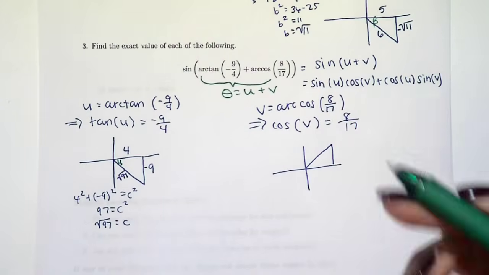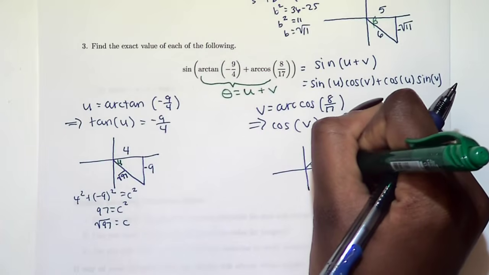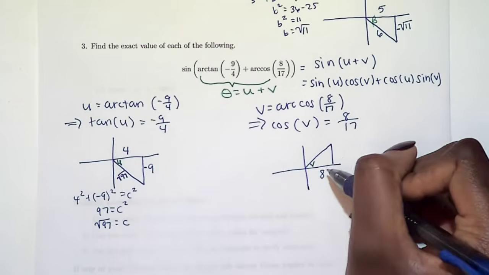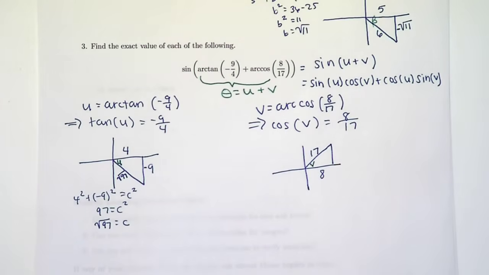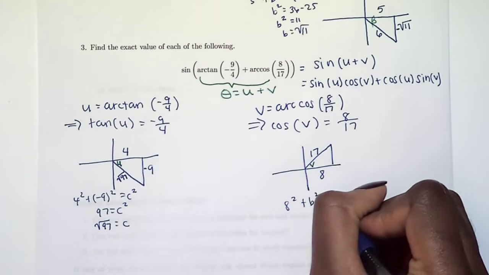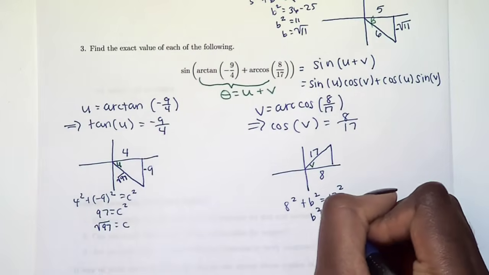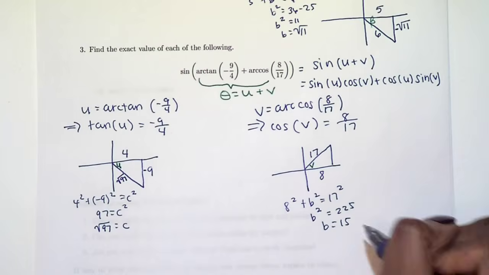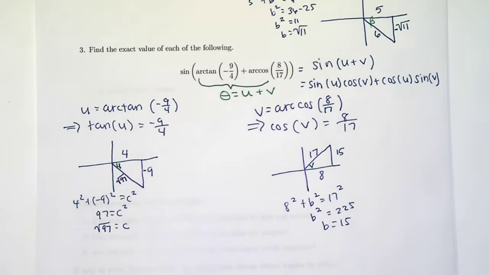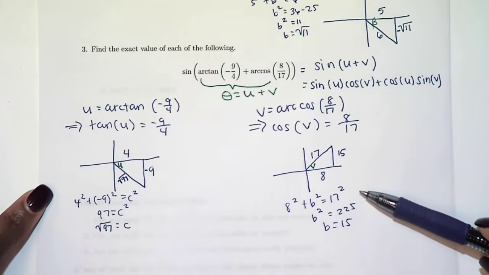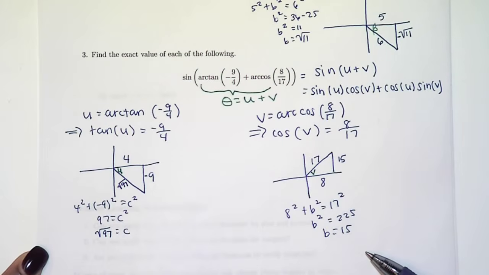So our angle V can be represented inside this triangle, where the adjacent side is 8, the hypotenuse is 17, and we can figure out the other side. It's 15. So we've set up our problem. We figured out these are two separate angles, and we found all of the information we could possibly need about them.